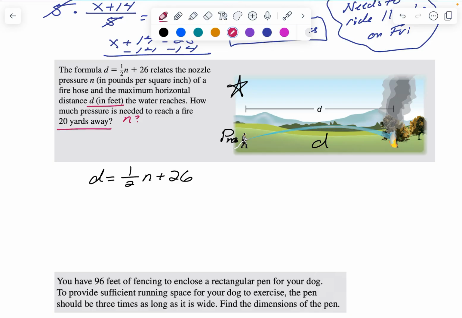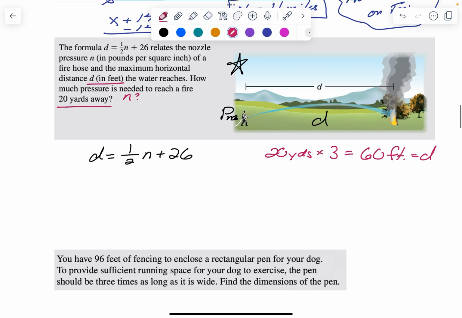So in order to use our formula, it has to be in feet, and we have yards. So we need to convert that. How many feet are in a yard? 3 feet in a yard. So we're going to multiply 20 by 3, and that will be 60 feet. So that is our D.